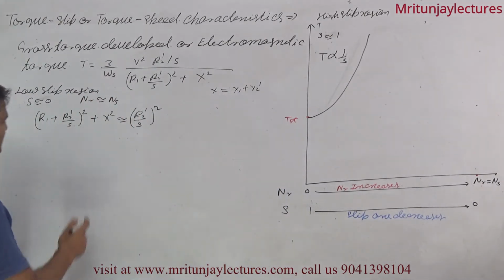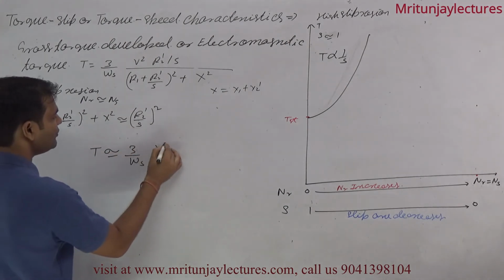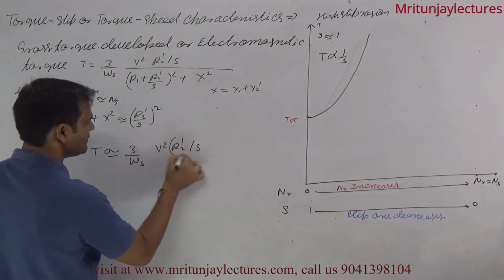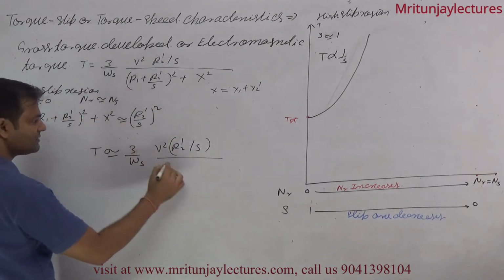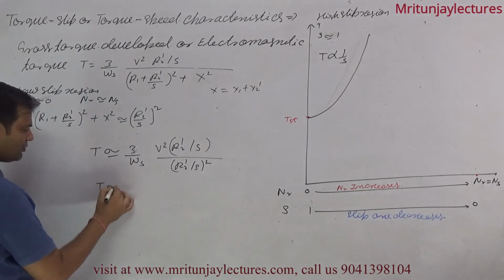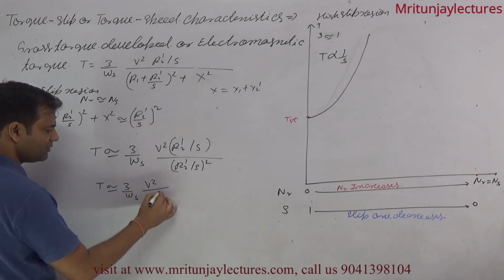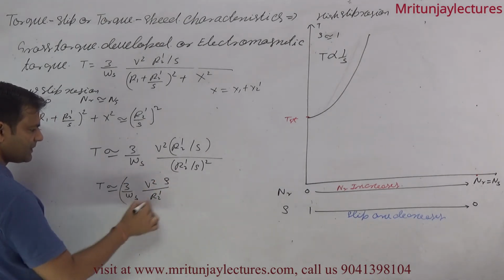In this duration, what about torque? Torque is 3 by omega s into V squared (R2'/S) divided by (R2'/S) whole squared, so 3 by omega s into V squared divided by R2' into S, clear?